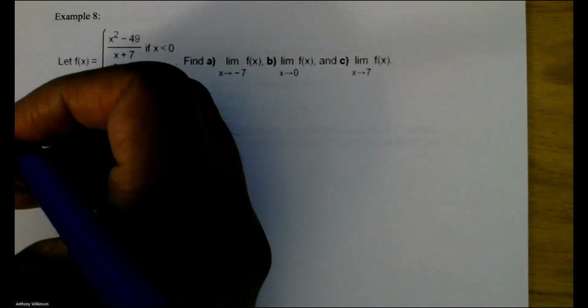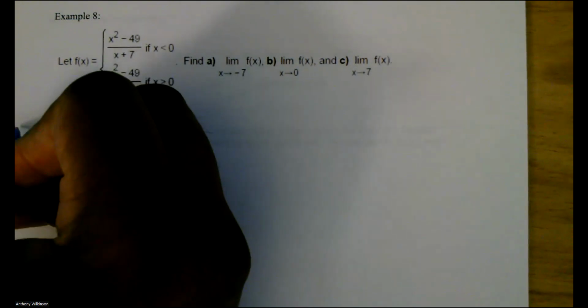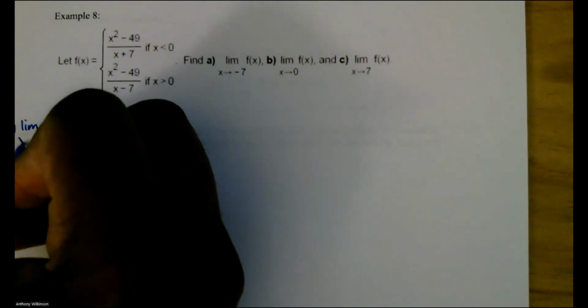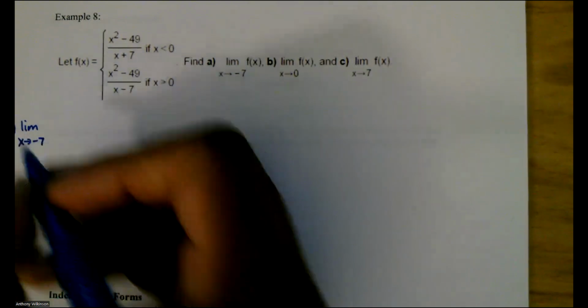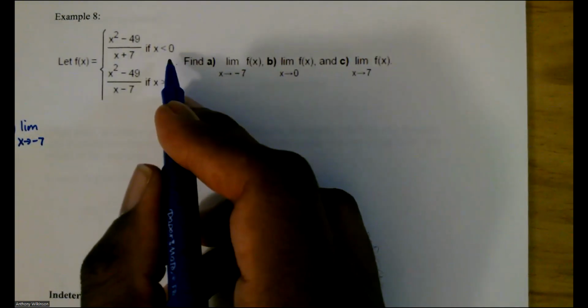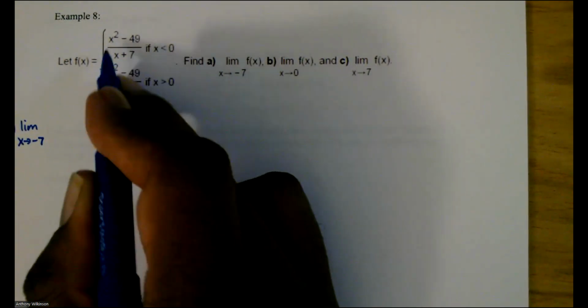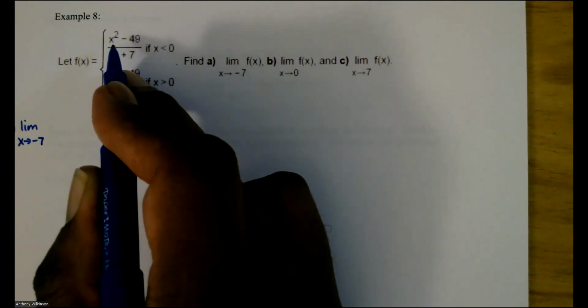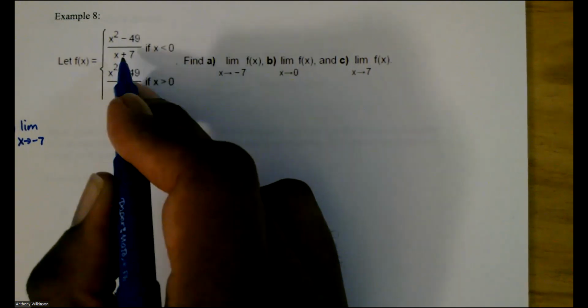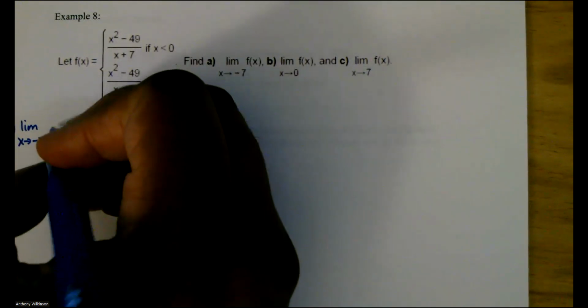And that would be the limit as x approaches -7. Now, -7 is less than 0, so that means I have to use the one on the top in a piecewise function, x squared minus 49 divided by x plus 7.